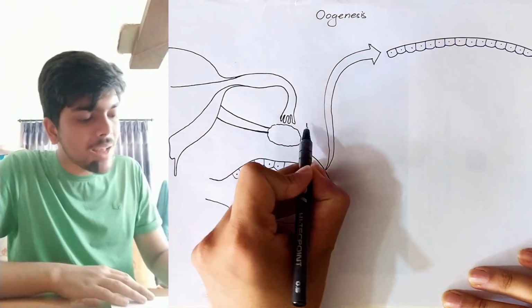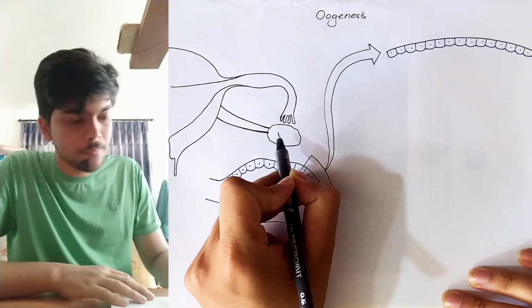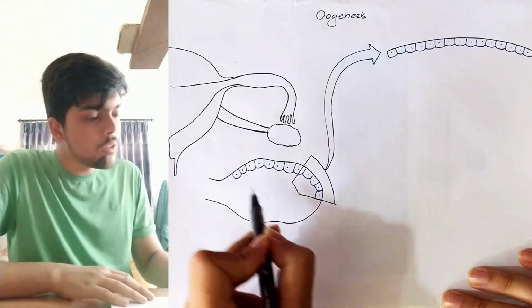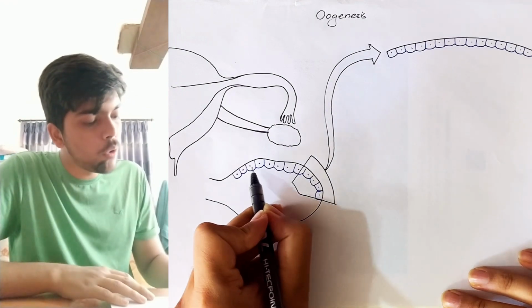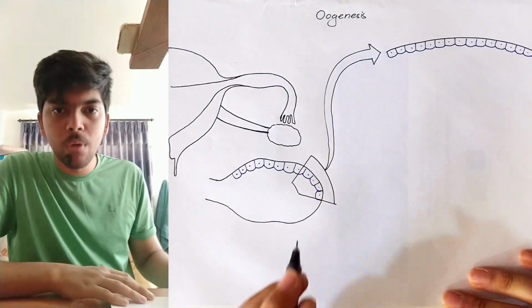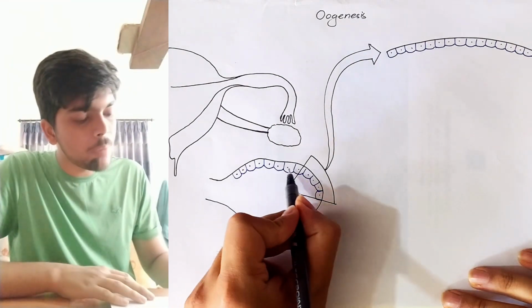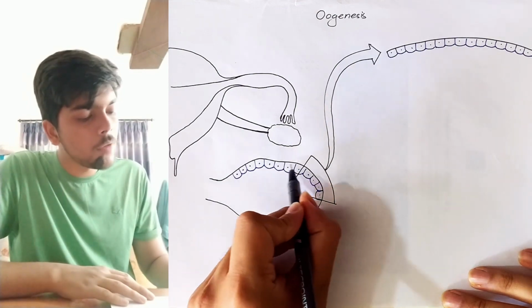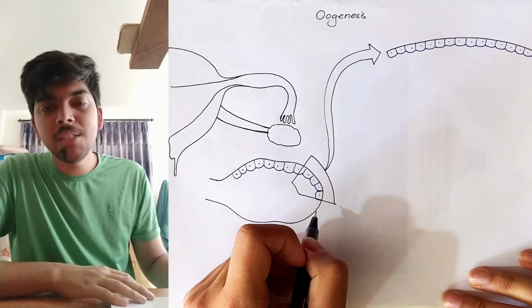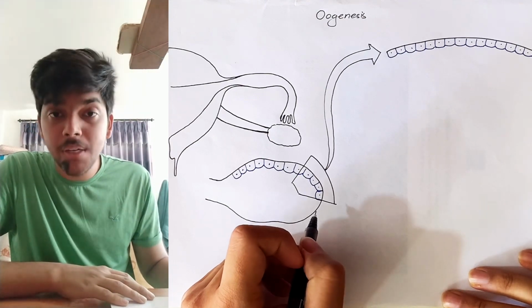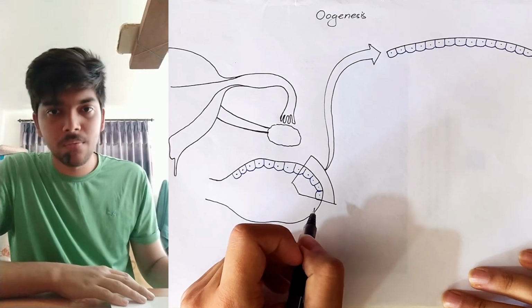If we take a transverse section of this ovary, we can see that the wall of the ovary is lined by simple cuboidal epithelium. However, the simple cuboidal epithelium lining the wall of the ovary is modified. Why is it modified? It is modified to form the gamete, that is the egg.